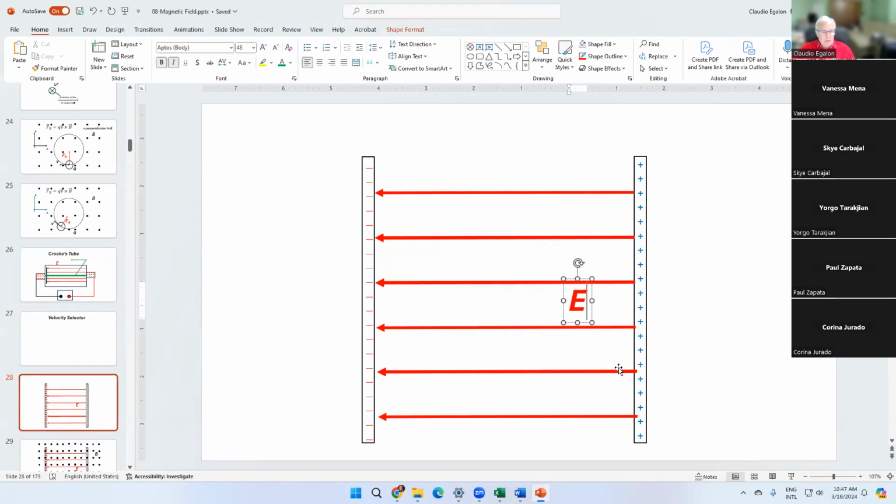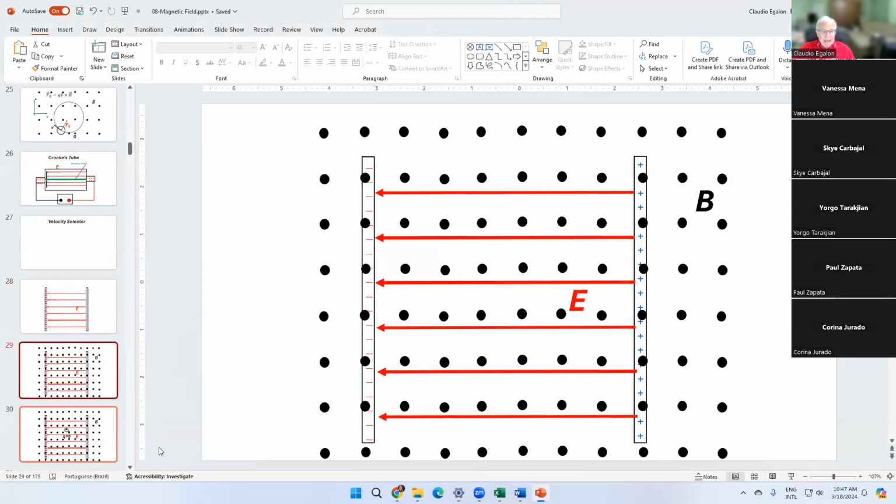But then we do something else. We add a magnetic field here, perpendicular to the electric field. Uniform electric field, uniform magnetic field, perpendicular to each other. And then what else do we do? We put a charged particle within this region.